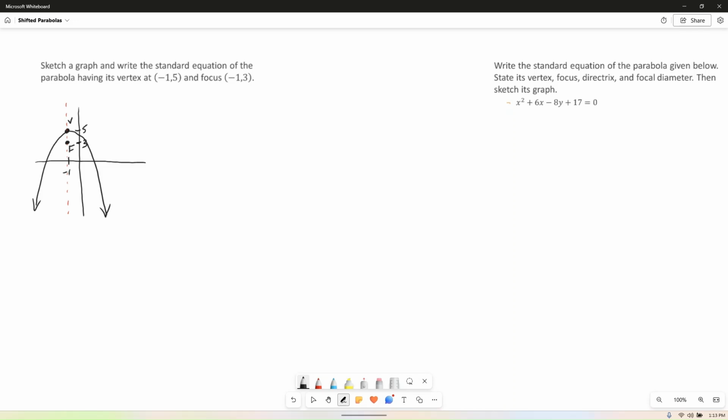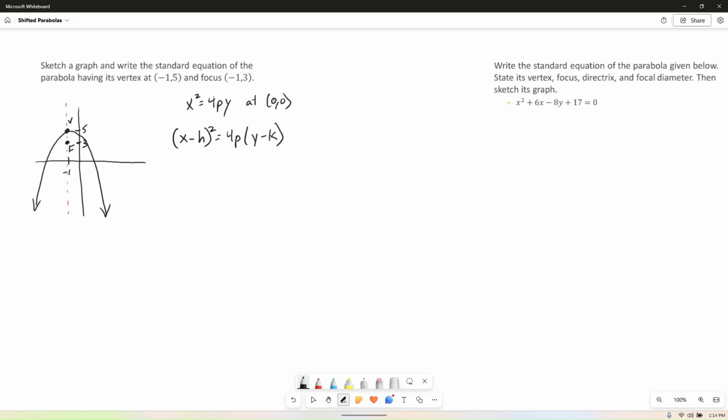And so a vertical parabola is going to have the form x squared equals 4py. That's if we're centered at the origin, but we're not at the origin. We're at (-1, 5). So the standard equation, if our vertex is not at the origin, is the quantity (x minus h) squared equals 4p times the quantity (y minus k).